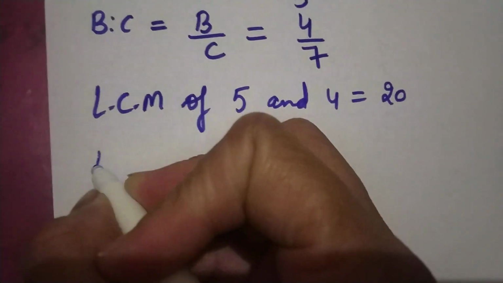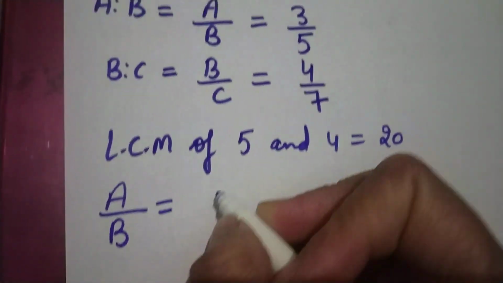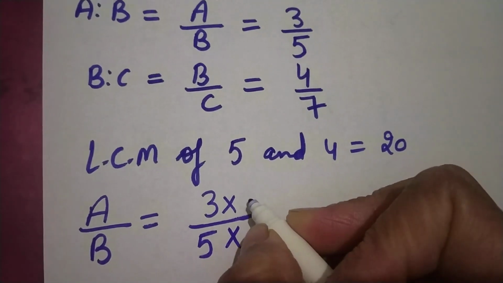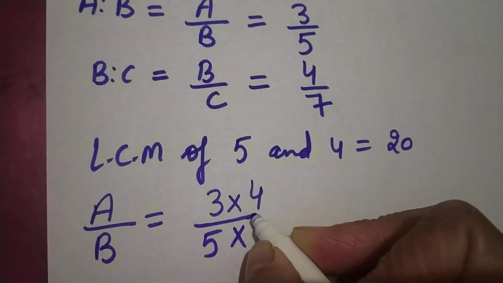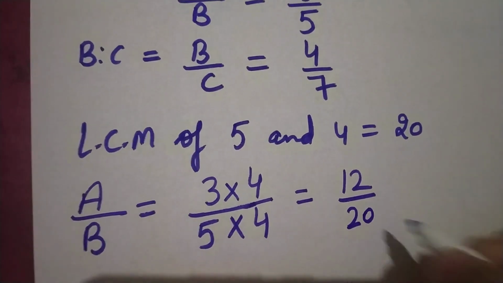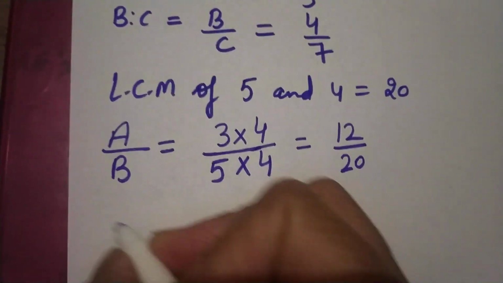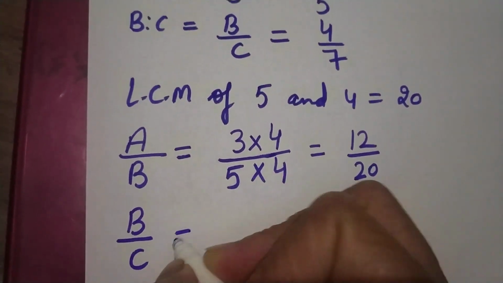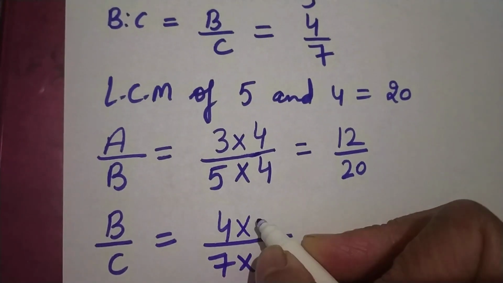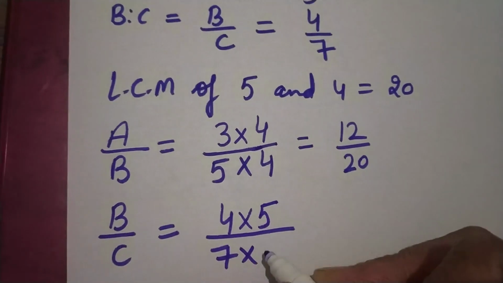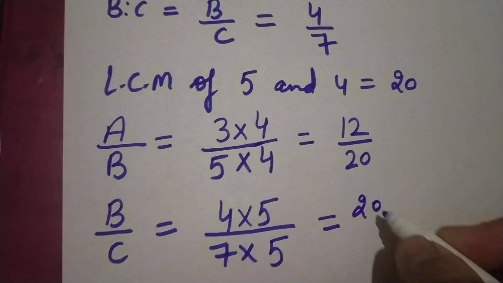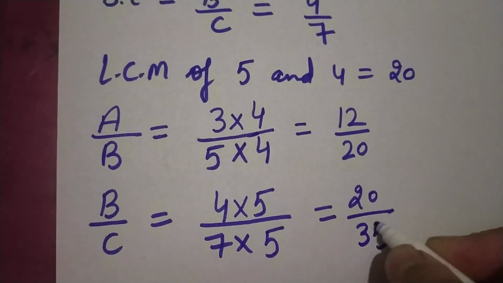First, A upon B is equal to 3 upon 5, that is 3 multiplied by 4 upon 5 multiplied by 4. 3 fours are 12 and 5 fours are 20. Next is B upon C equal to 4 upon 7. We will multiply 4 by 5 so that we get 20, and the same number is multiplied in the denominator. 5 fours are 20 upon 7 fives are 35.